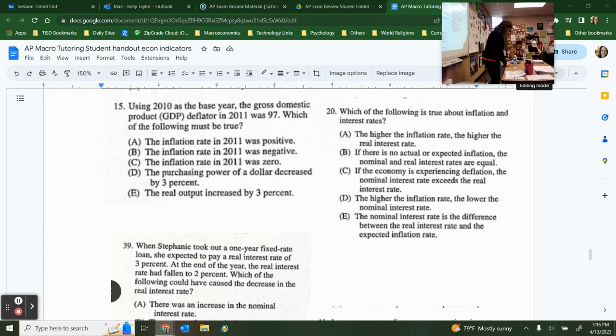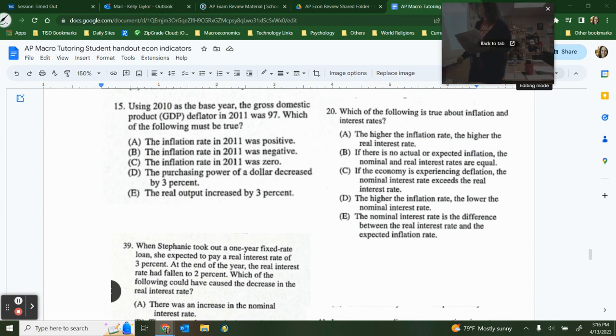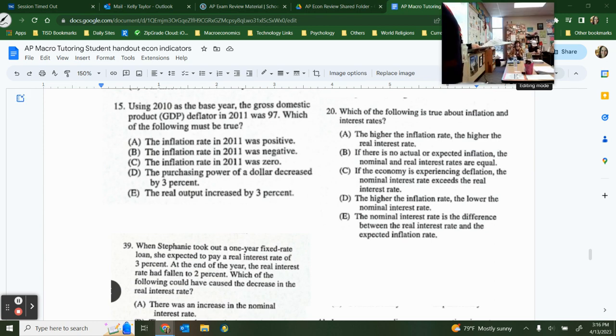All right, let's go over this page. Attention. There we go. All right, using 2010 as the base year, the GDP deflator in 2011 was 97, which of the following must be true.